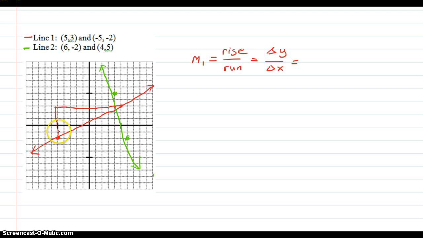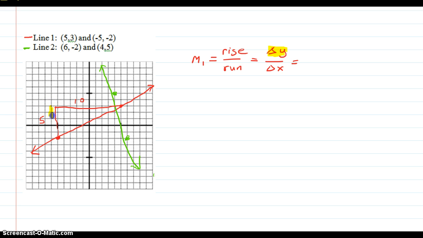So I go up 1, 2, 3, 4, 5. So I went up 5, and then I'm going to go over 1, 2, 3, 4, 5, 6, 7, 8, 9, 10. And so my y is here.